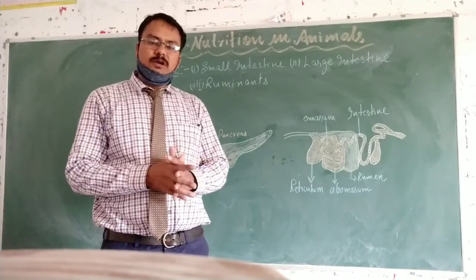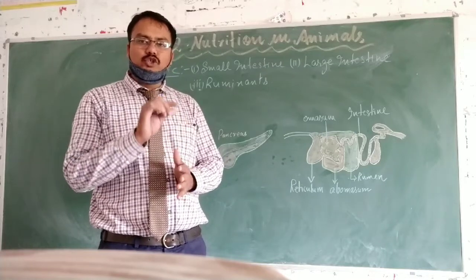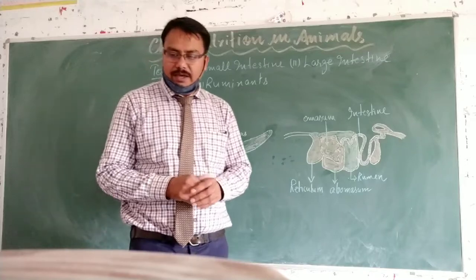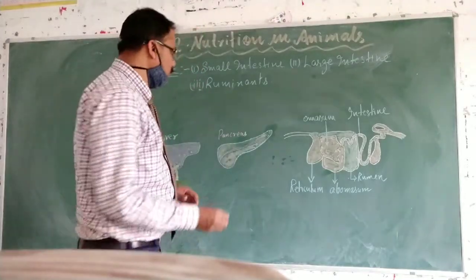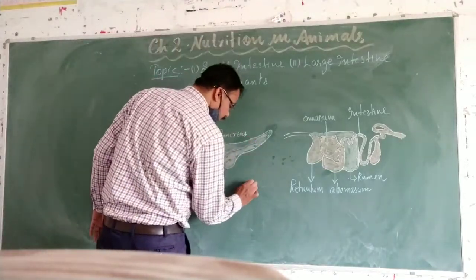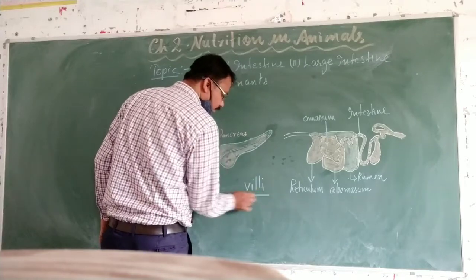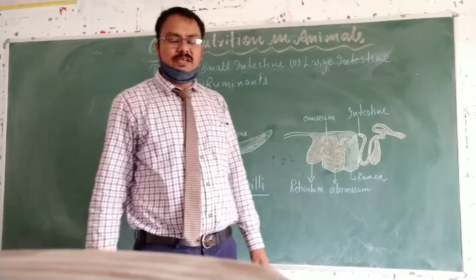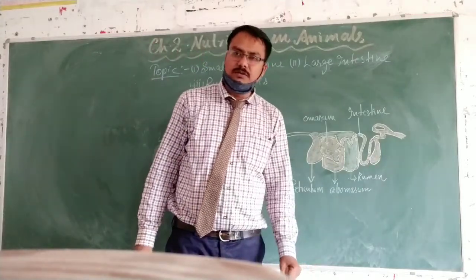and inside the small intestine there are many finger-like projections that are called villi, V-I-L-L-I, villi. They are there to increase the surface area for absorption.